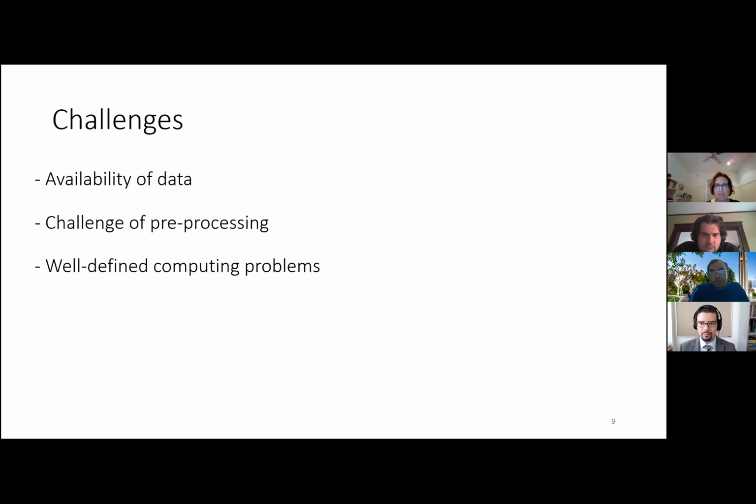I think it's a very hard problem. Having worked on it for 3 years, I think it's a tremendously hard problem to do this in an automated manner. And we have to be able to represent the problem properly. And that leads to my second point, which is the challenge of pre-processing.